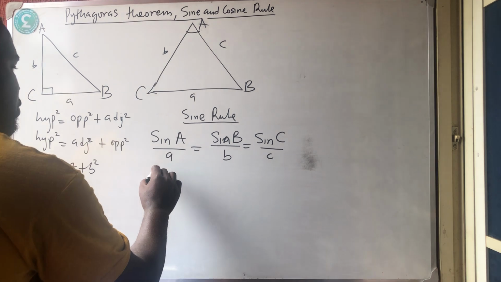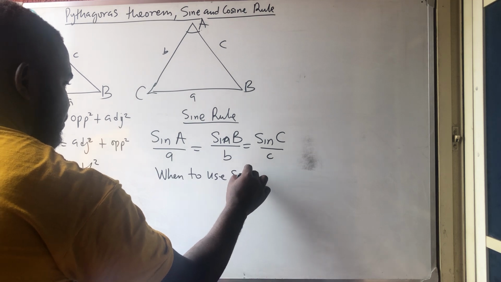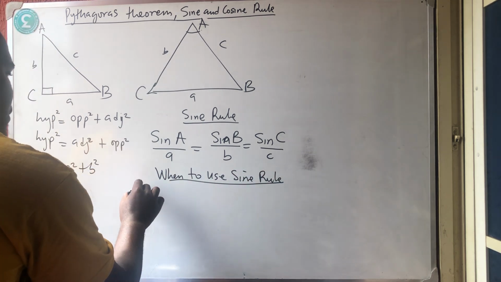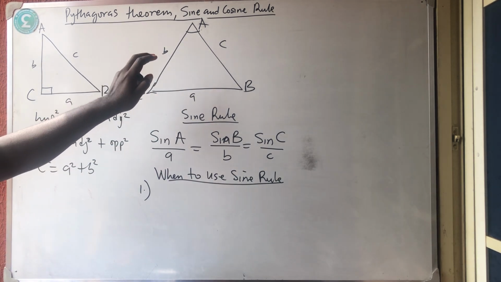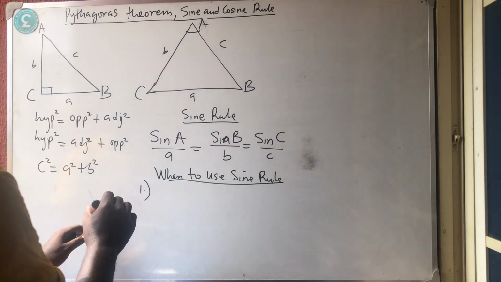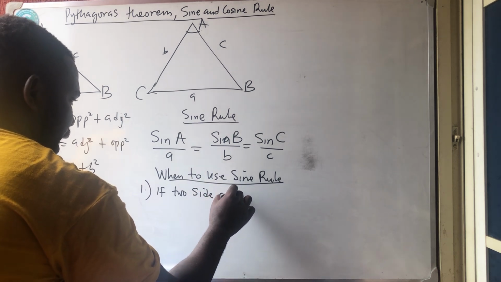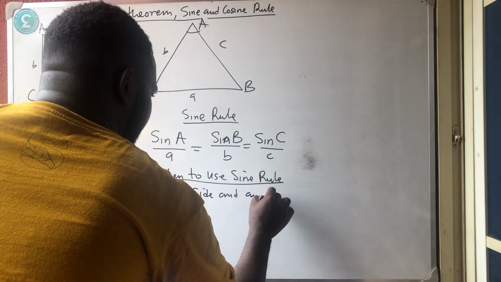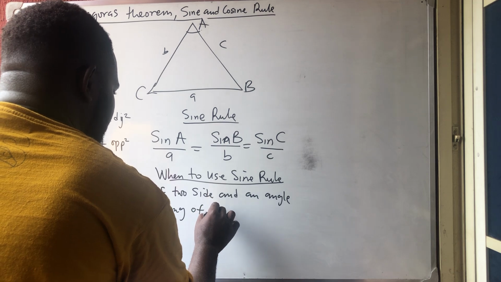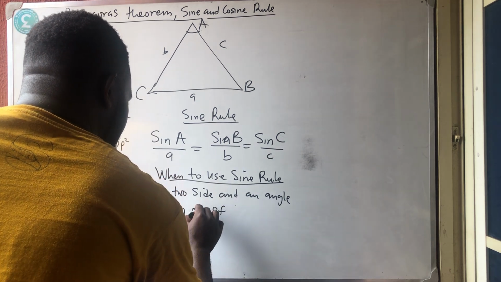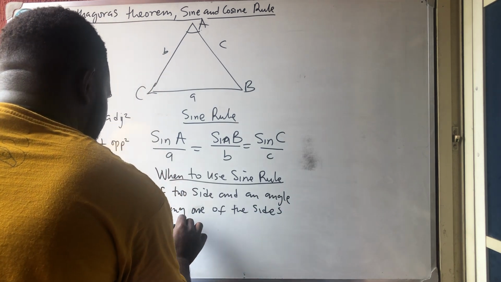The question is now, when do you use sine rule? When to use sine rule? Now, number one, we use sine rule when two sides and one angle opposite one of the sides is given. Okay, if two sides and an angle facing one of the sides are given.